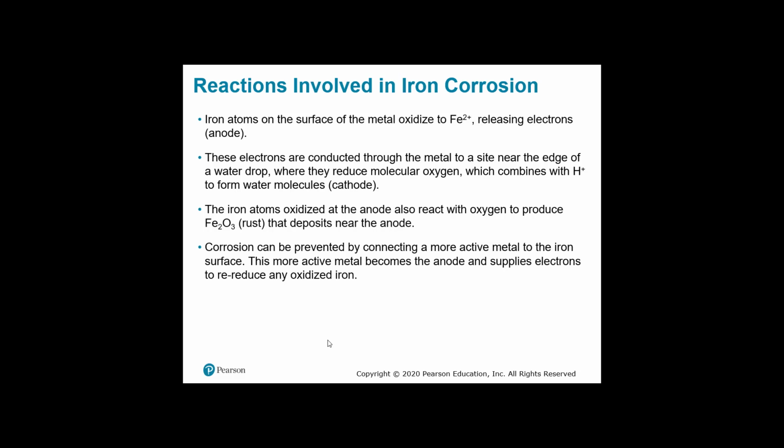The iron atoms oxidized at the anode also react with oxygen to produce iron(III) oxide. That is the rust. Fe2O3 is the rust, and it deposits near, but not on, the anode. Corrosion can be prevented by connecting a more active metal, which means something that's easier to oxidize than iron, to the surface of the iron, so that it will be oxidized instead of the iron.